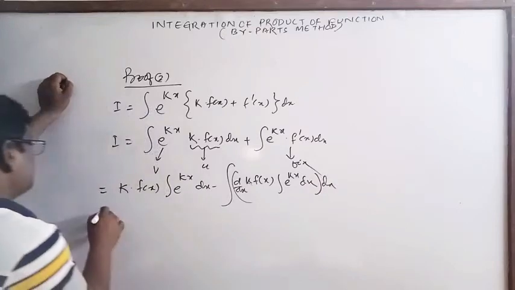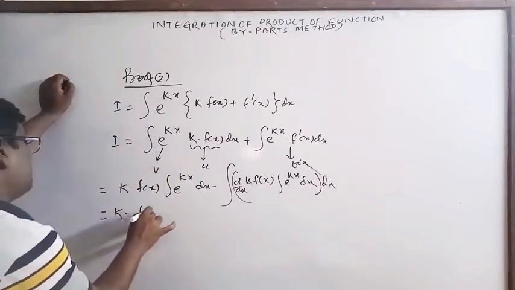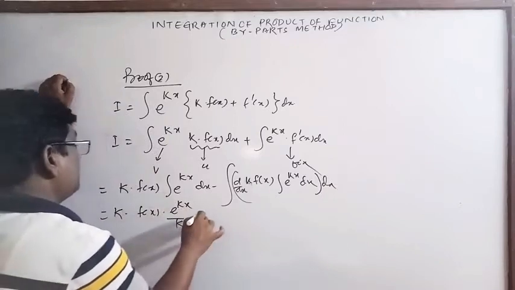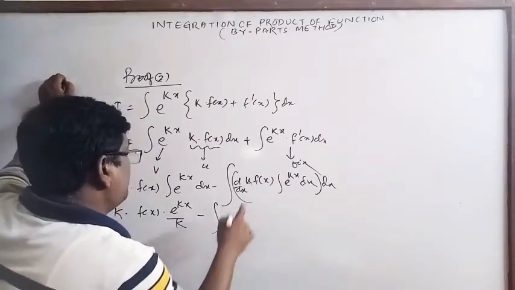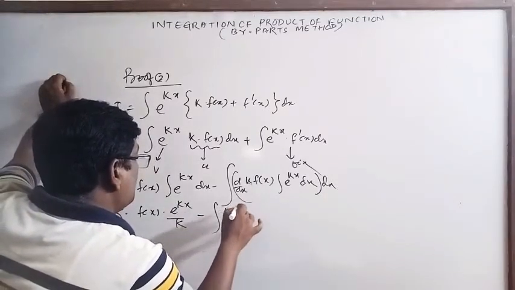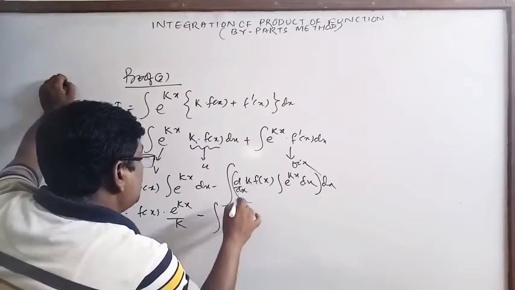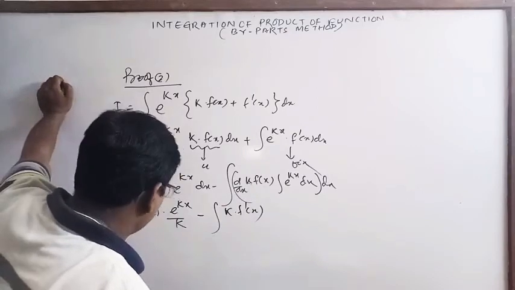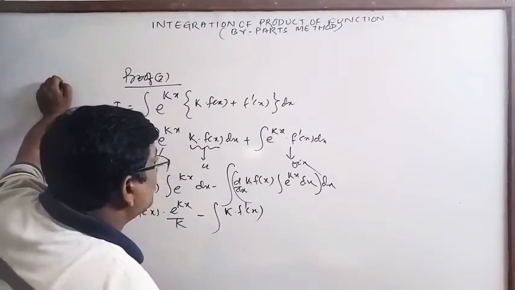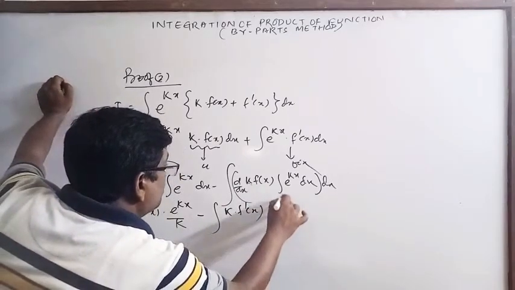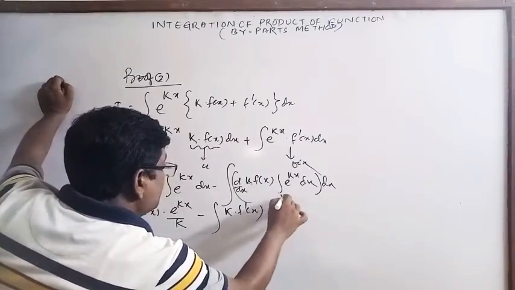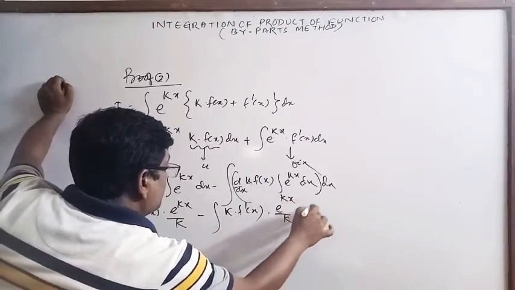So this is equal to k into f of x, integration e to the kx by k, minus derivative of that, that is k into f dash x, into e to the kx by k into dx.